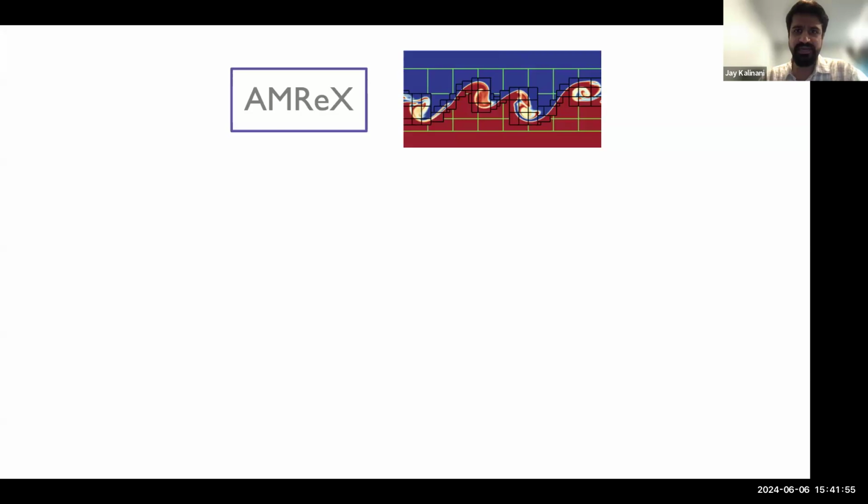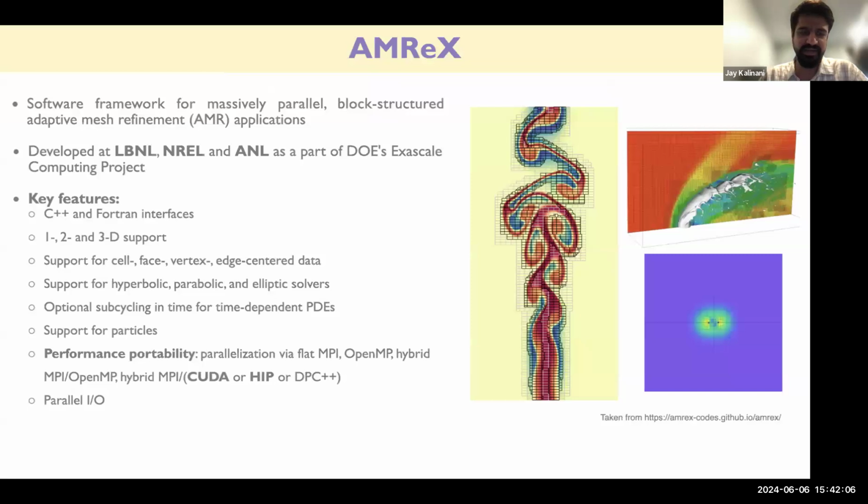Jumping on now, one of the frameworks that we use is called AsterX. I think Eric mentioned earlier, on Tuesday, this is a software framework for massively parallel block-structured AMR applications, developed as part of DOE's Exascale Computing Project.